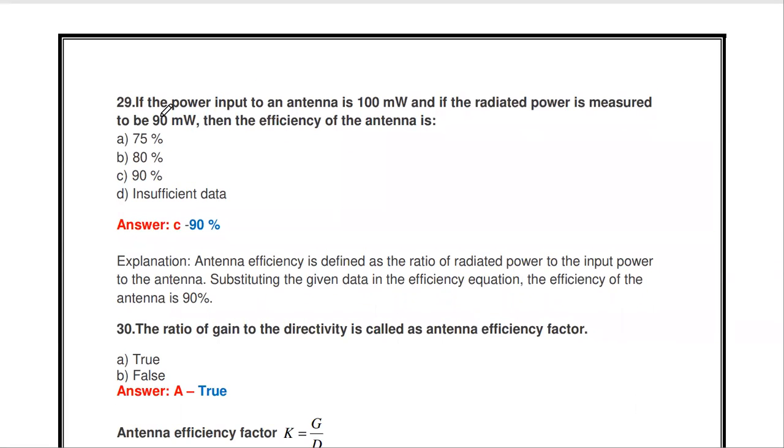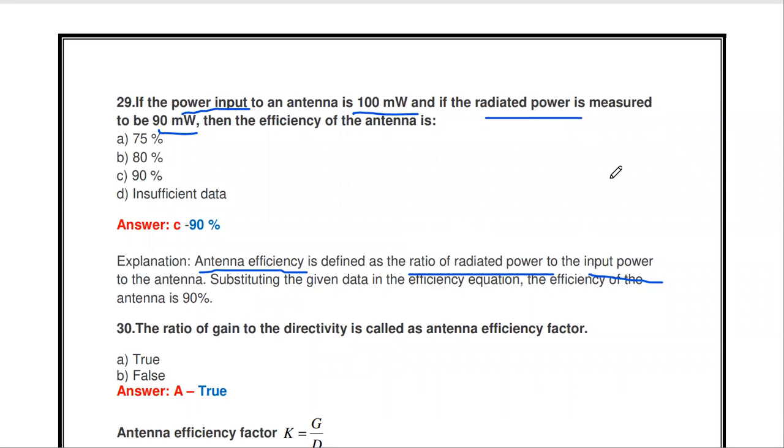Then the next question, if the power input to an antenna is 100 milliwatts, for one antenna we are applying the power input as 100 milliwatts, and if the radiated power measured is 90 milliwatts, then the efficiency of the antenna is dash. The antenna efficiency is defined as the ratio of radiated power to the input power.